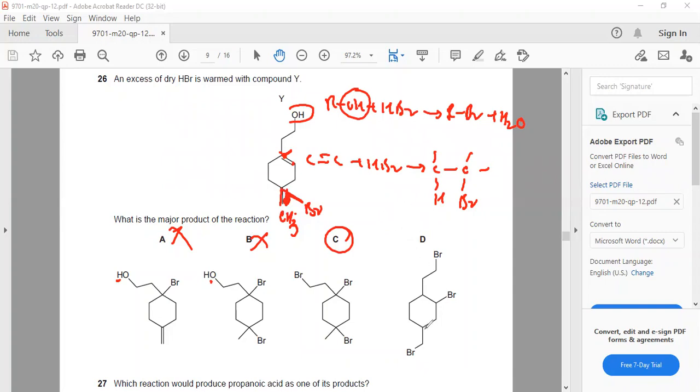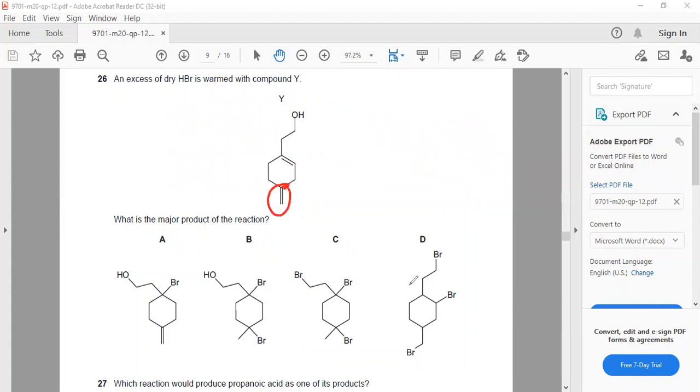Okay, D is wrong because if you look at this structure, this is CH2, CH2. So if you add HBr, according to Markovnikov's rule, the carbon having more hydrogens gets the hydrogen, and this carbon gets bromine, which is why C is the answer.